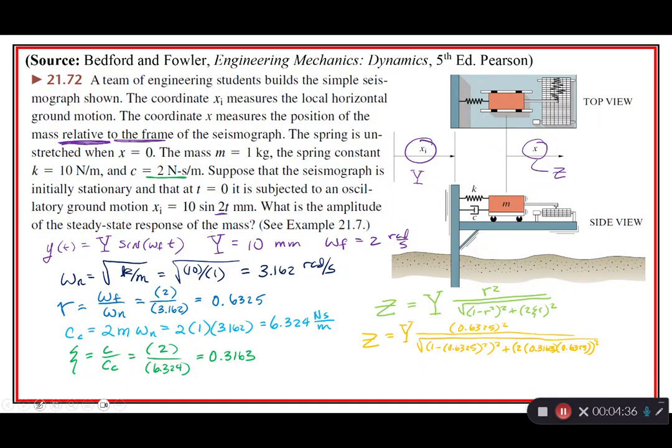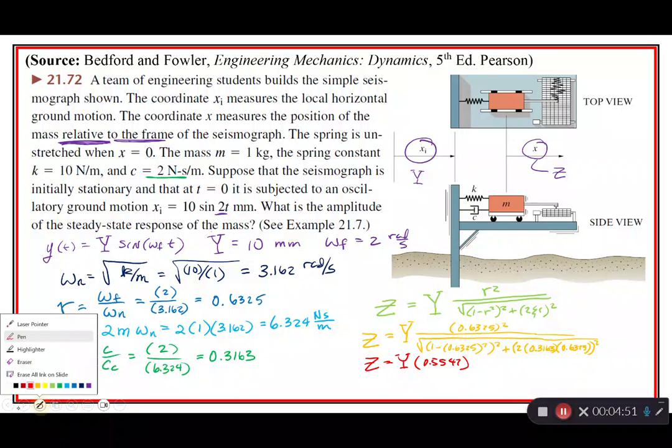So we will get a Z equals Y times 0.5547. So you can just kind of see, oh, that's how much it's going to reduce the thing.